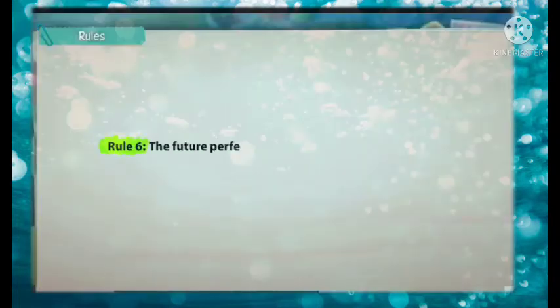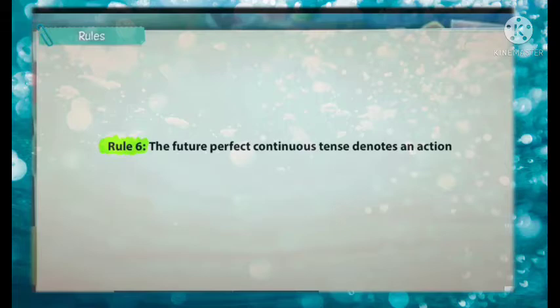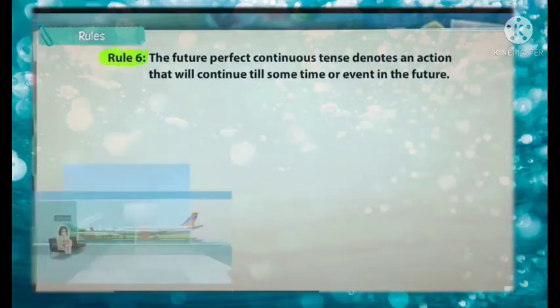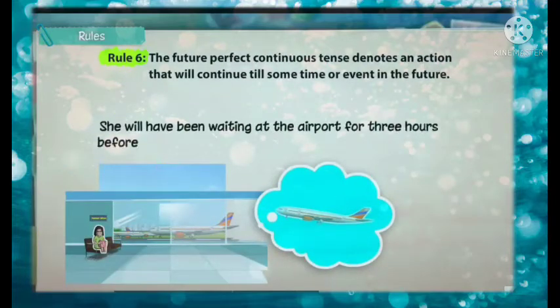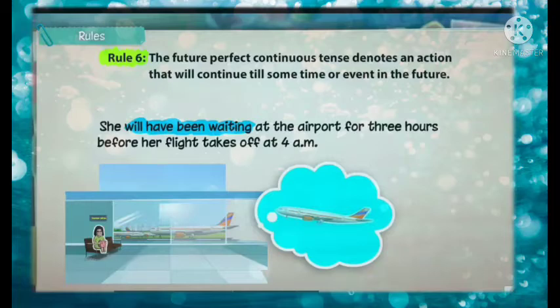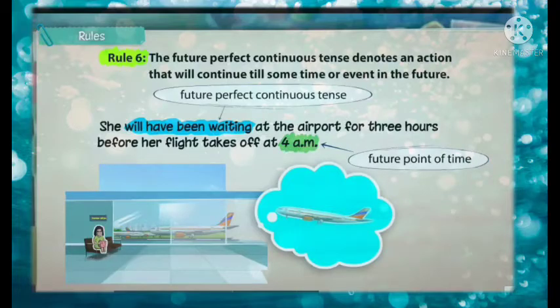The future perfect continuous tense denotes an action that will continue till some time or event in the future. Here, the action of waiting has been going on and will go on till a point of time in the future, that is, 4 a.m. So, we use the future perfect continuous tense, will have been waiting.